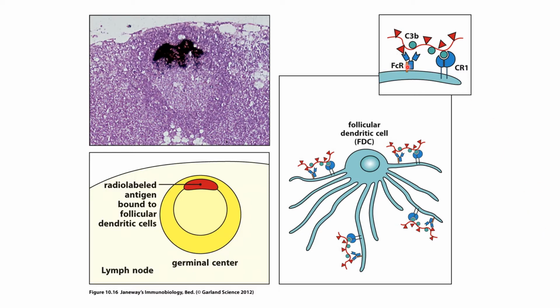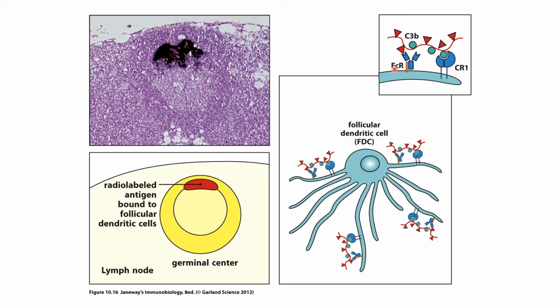Here we see a receptor that recognizes the constant region of an antibody that is bound to some form of antigen, polysaccharide, LPS, whatever. C3b, part of the complement cascade, has its own receptor, CR1, complement receptor 1.